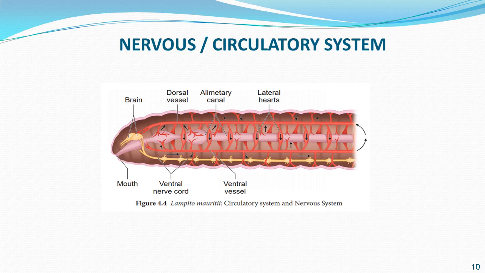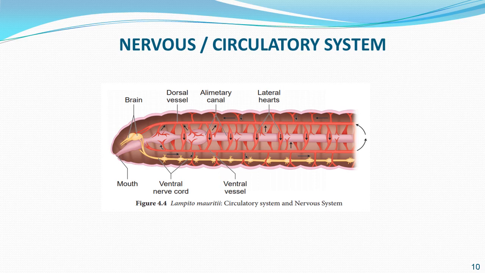Here the brain is a primitive type, which is why it is called a ganglion, right? From the ganglion there is a knot-like structure for each appendage, in yellow color. That is known as the nerve cord, subganglion. From this subganglion nerves arise and are supplied throughout the body, right? That is regarding the nervous system.